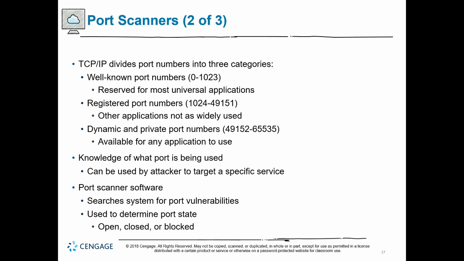Registered ports, for other applications not as widely used, are 1024 to 49151. And then we have dynamic and private port numbers, also known as ephemeral ports, which are 49152 through 65,535. These are available for any application use.